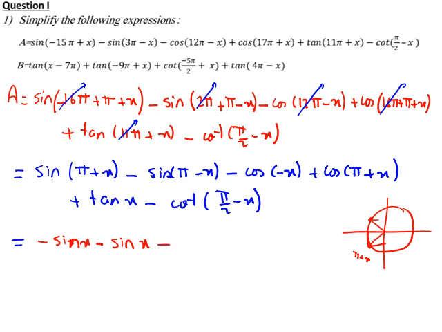Minus cosine of minus x is equal to cosine x. Cosine pi plus x, cosine is negative, minus cosine x. Tangent plus tangent x minus cotangent of pi over 2 minus x is tangent x.